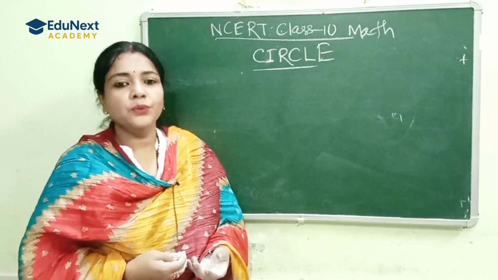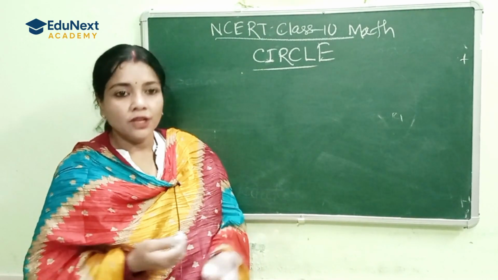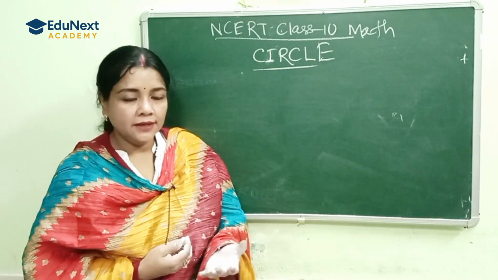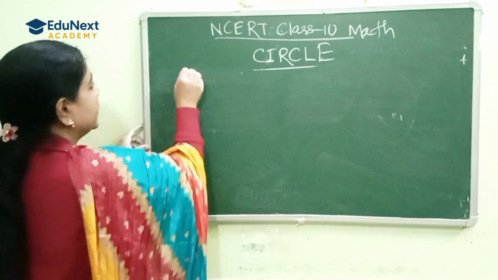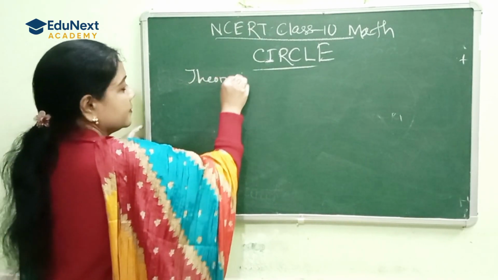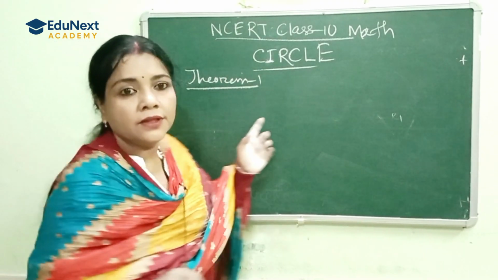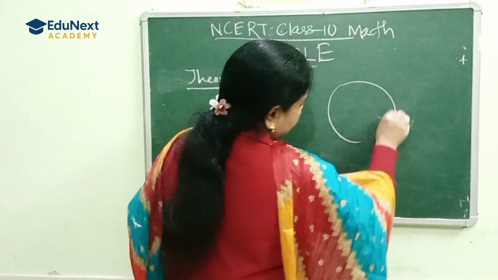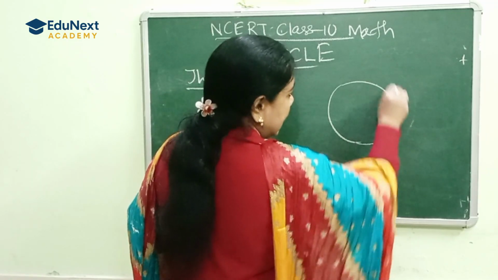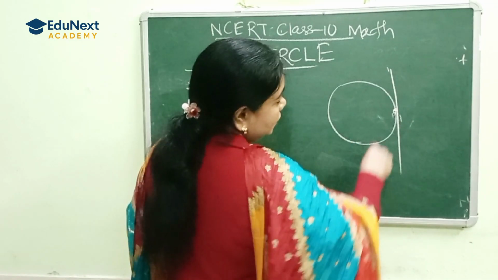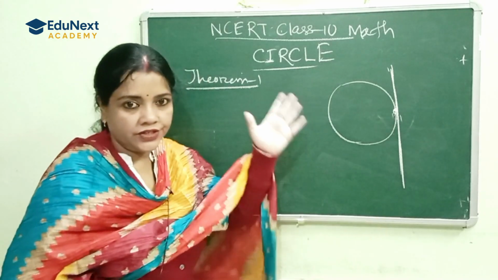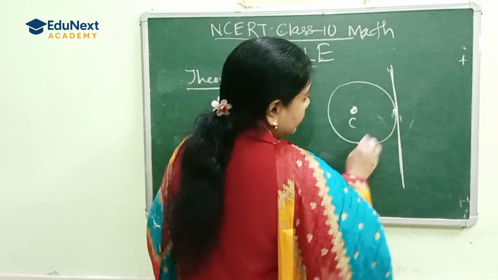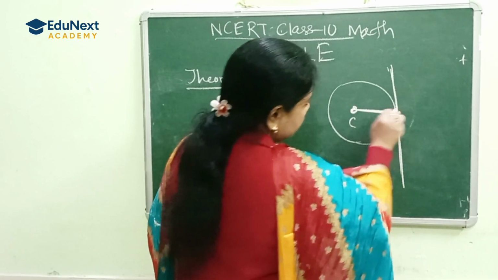Before going to start solving your exercise problems, we need to know two theorems of this circle. So theorem 1. If you take any point and just take the tangent. Here is a circle, here is a center.